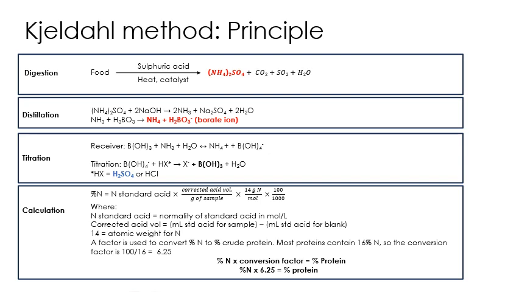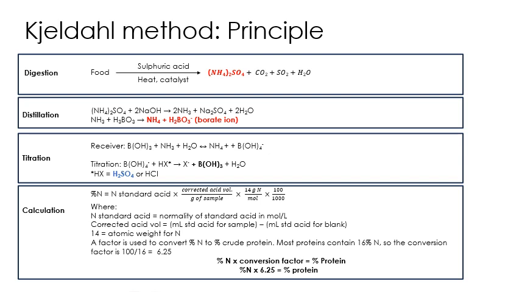Next, we calculate the percentage of nitrogen by multiplying the normality of the standard acid by the corrected acid volume per gram of sample, times 14 grams of nitrogen per mole, times 100 per thousand. So N standard acid is the normality of the standard acid in moles per liter. The corrected acid volume is the mean standard acid volume for the sample minus the volume of standard acid for the blank. And we use 14 here because this is the atomic weight of nitrogen.